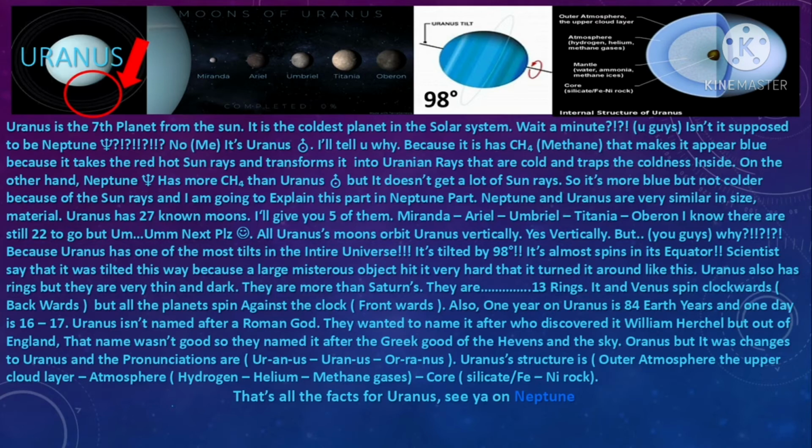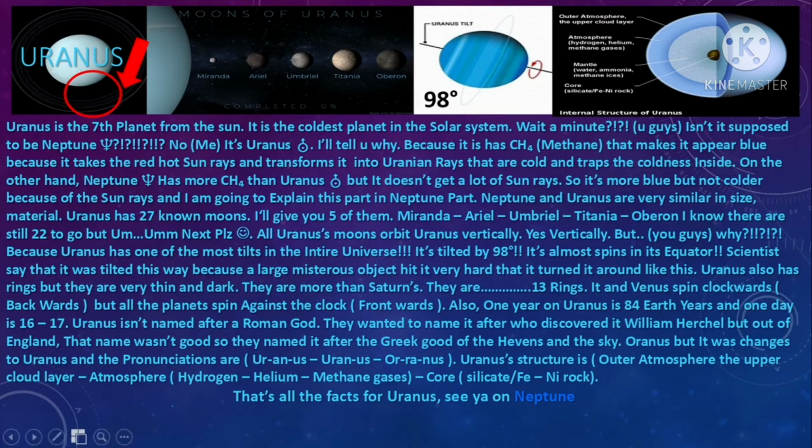It takes the red hot sun rays and transforms them into Uranian rays that are cold and traps the coldness inside. On the other hand, Neptune has more CH4 than Uranus, but it doesn't get a lot of sun rays, so it's more blue but not cold because of the sun rays, and I am going to explain this part in the next part.